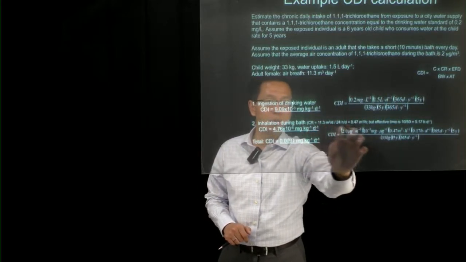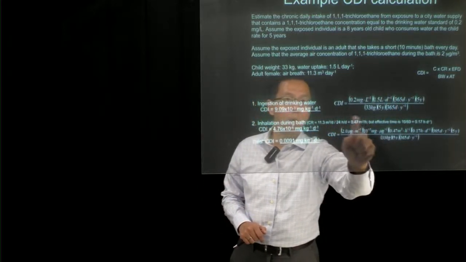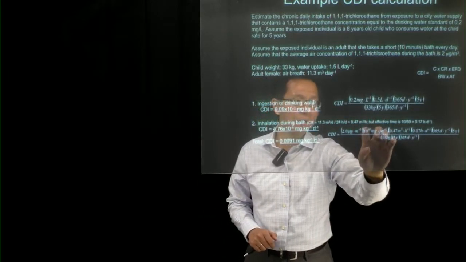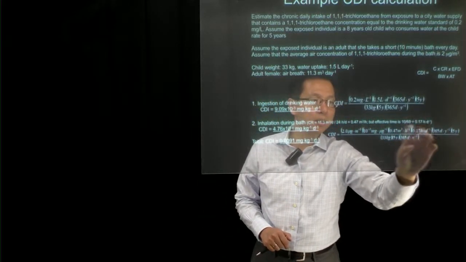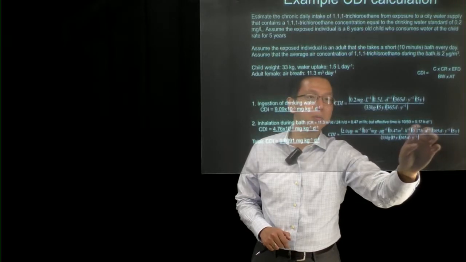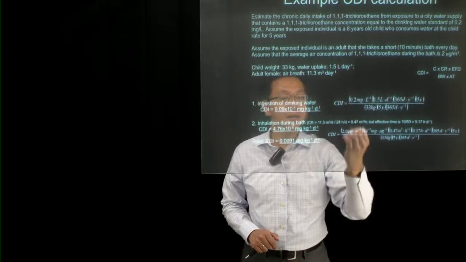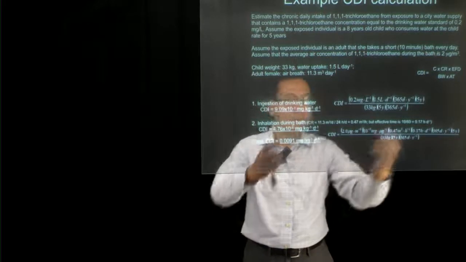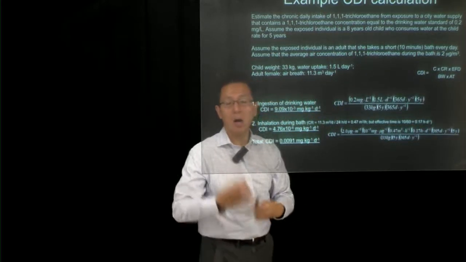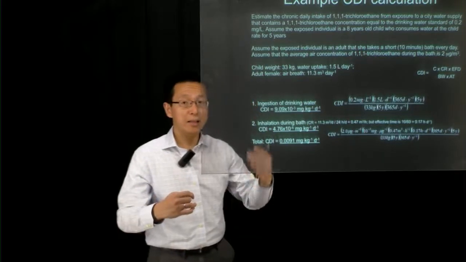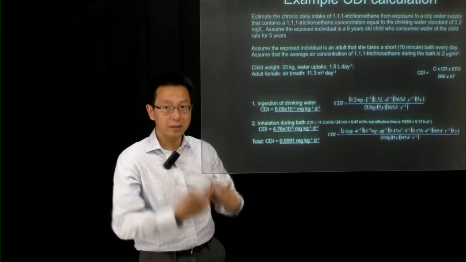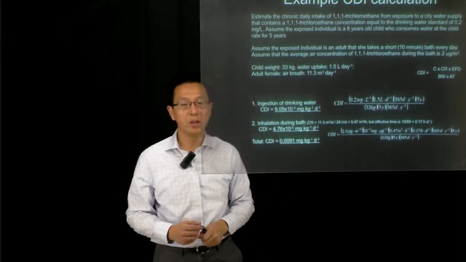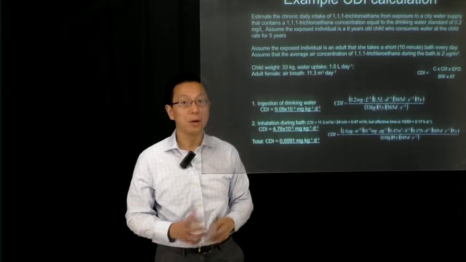So what we are looking at is 0.447 cubic meters per hour, but only 0.17 hours per day. That is our interest. So you multiply it together, which gives you how many cubic meters this lady inhales that contains this amount of the chemicals of interest, right?